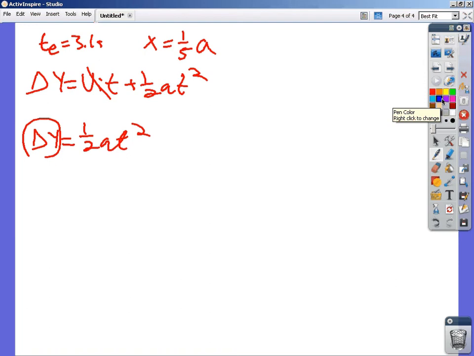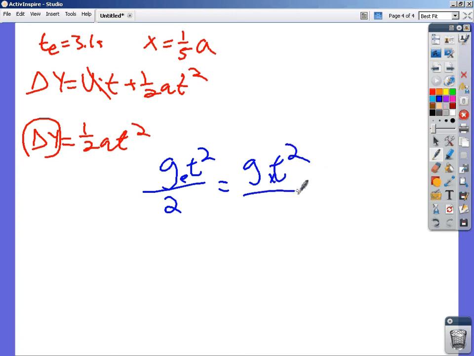Okay, so this is the equation that I ended up getting. I'm going to do it over 2 because it looks a little bit prettier. So g on Earth, which we know is 9.8, t squared over 2, has to equal g on planet X, t squared over 2. They have to be the same, otherwise their heights wouldn't be the same.